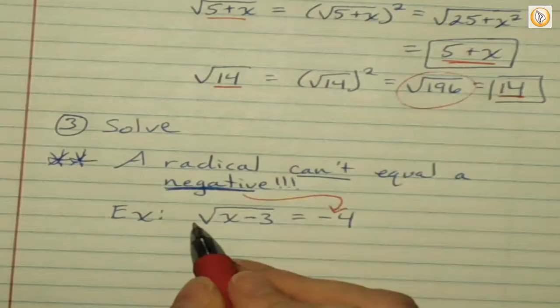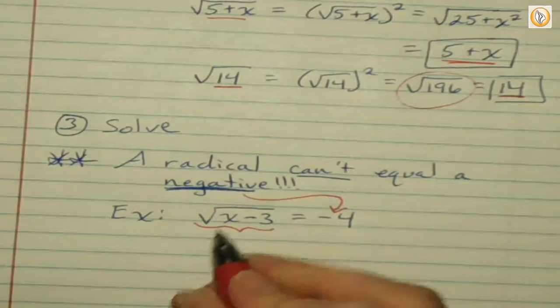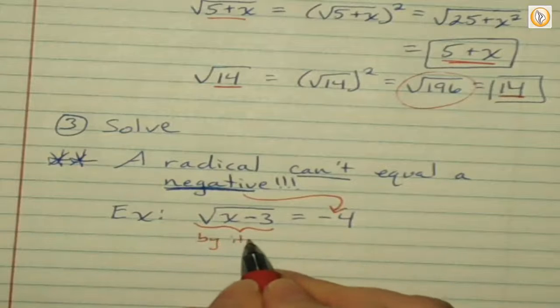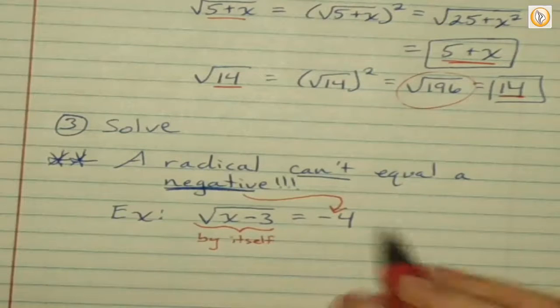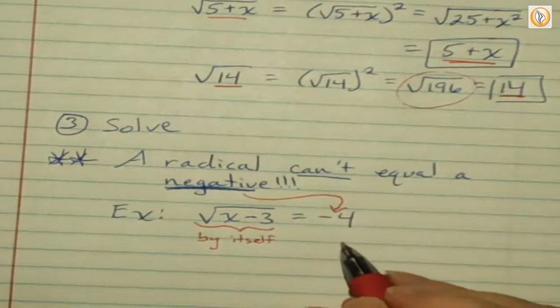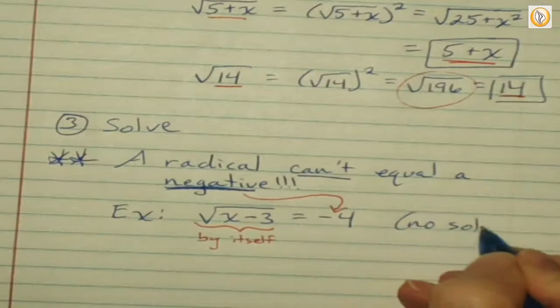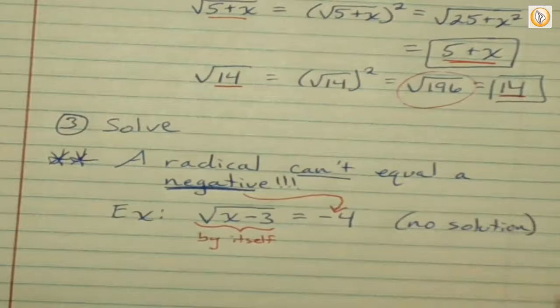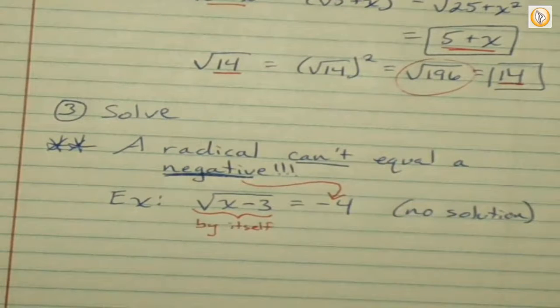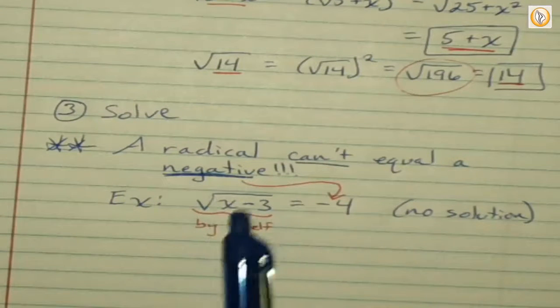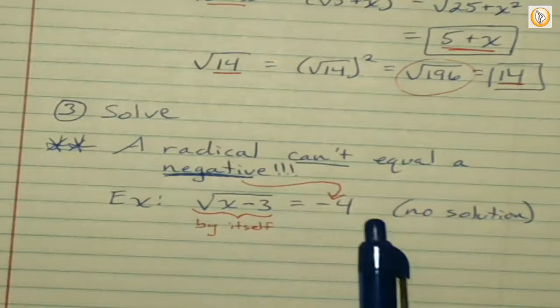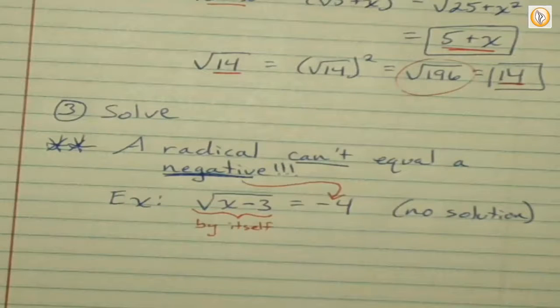The radical has to be by itself, and then on the other side is a negative. That is a big no-no. That would be no solution. So after you write this down, sit back and think about what I'm saying here. A radical by itself on one side of the equal sign and a negative number on the other side. Big no. Why? Because that's the rule, Morgan.